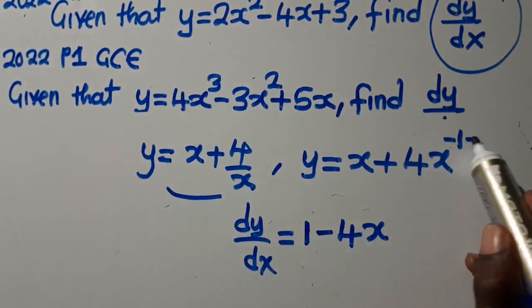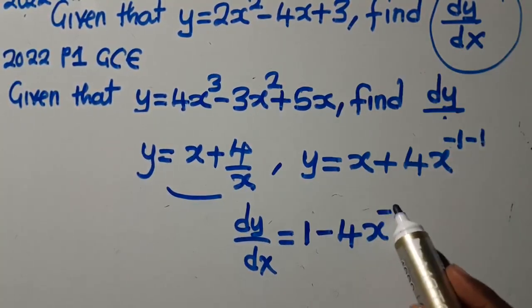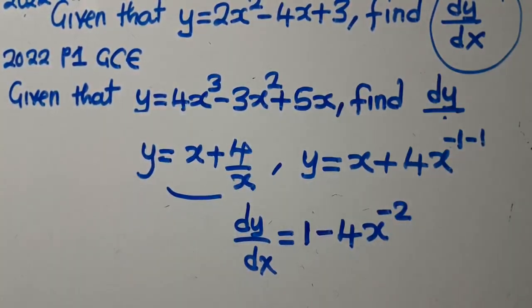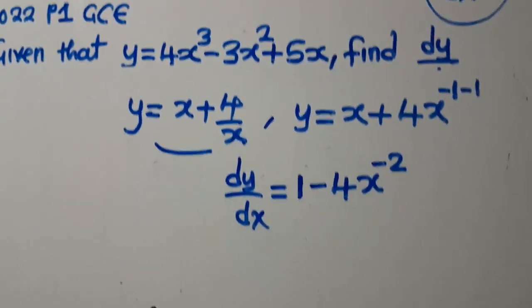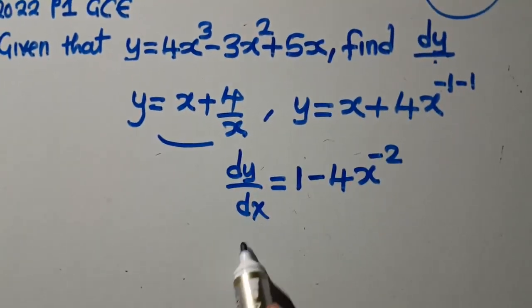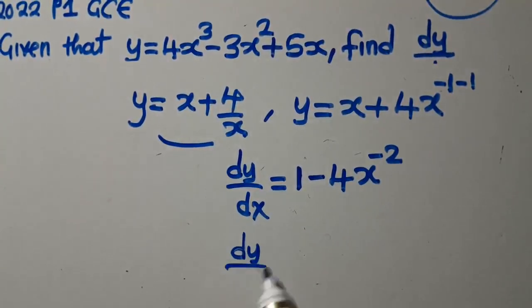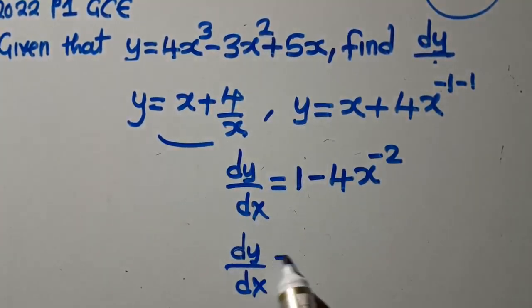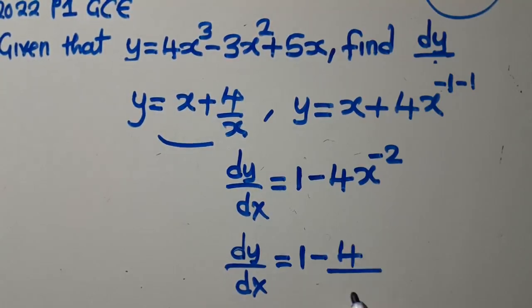Then negative 1 minus 1, it is negative what? 2. We get negative 2. We can now rewrite this part properly, where we say that this is the same as dy/dx is equal to 1 minus 4. That one goes down, it becomes x squared, like that.